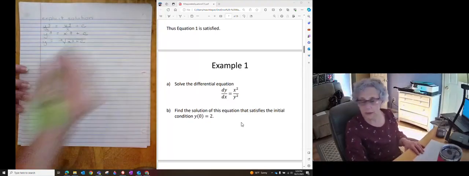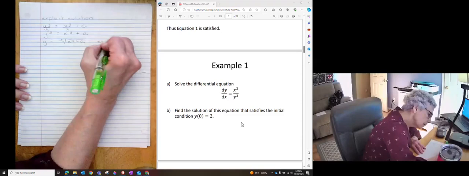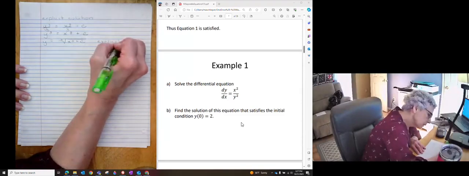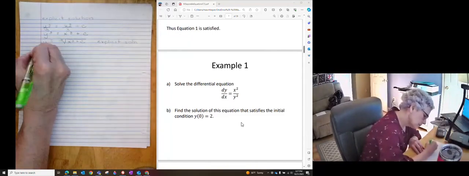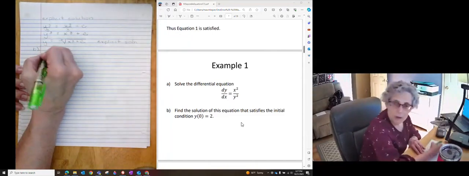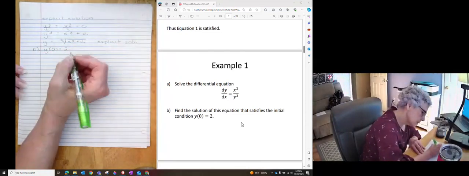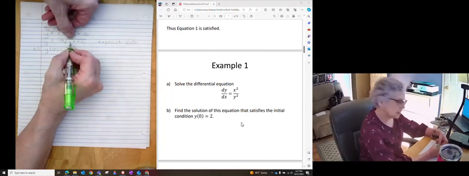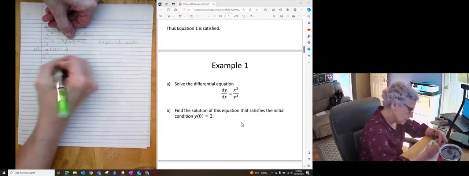Now we want to find the equation that satisfies the initial condition. I'm going to label this as my explicit solution first. So I want y of 0 to be equal to 2. So if I put 0 in for x, I need 2 to come out.